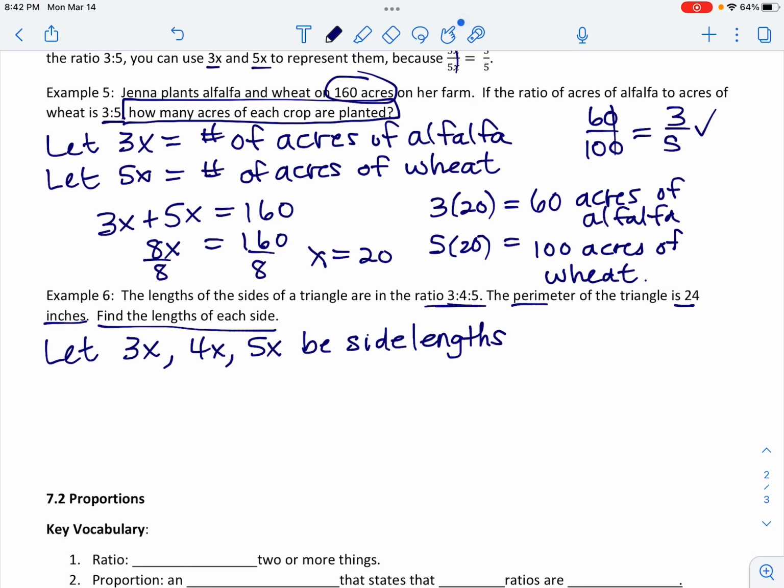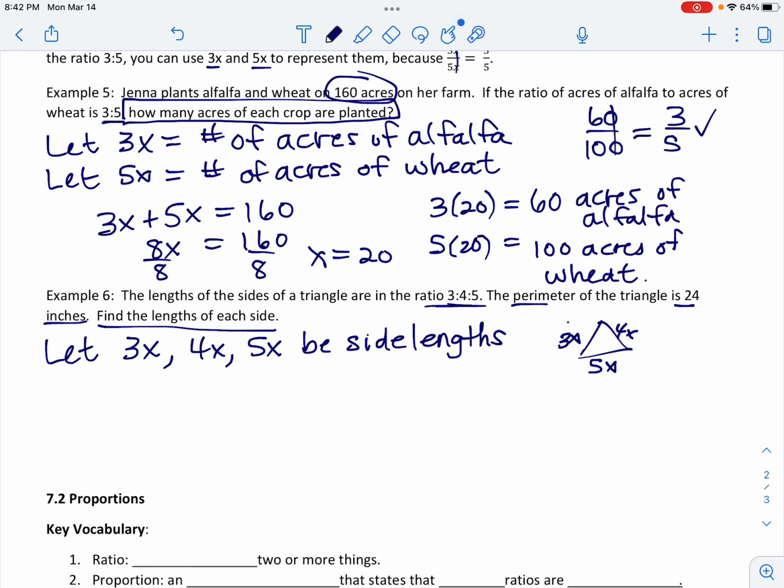The perimeter means that if I have the side lengths 3x, 4x, and 5x, and I know the drawing is not to scale, it's just giving me an idea of what it looks like, I have to add up all the sides.